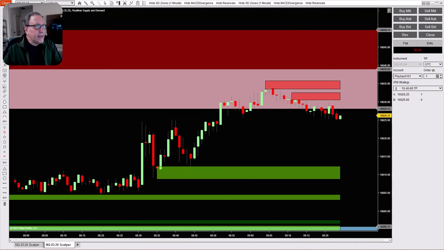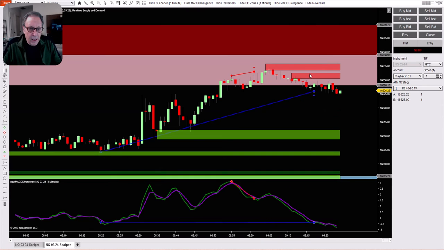Now let's see, next one, let's get a signal indicator on here. One of my favorites is the MACD divergence. So let's get that on. Great. So if you can see over here, this is a great spot to take a look.